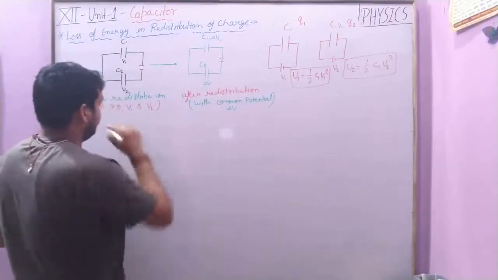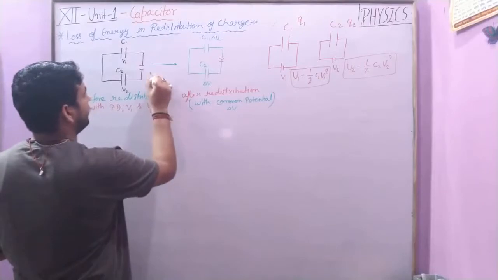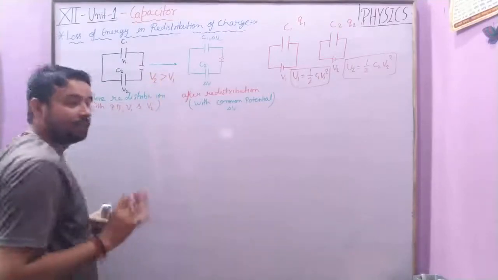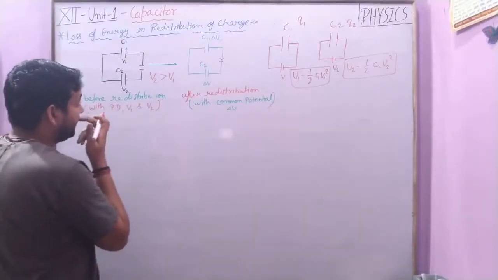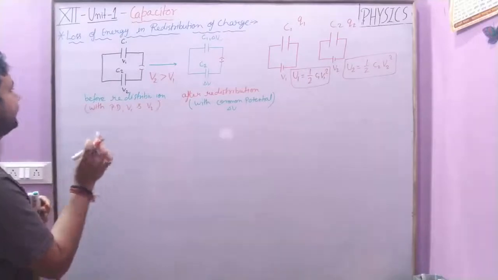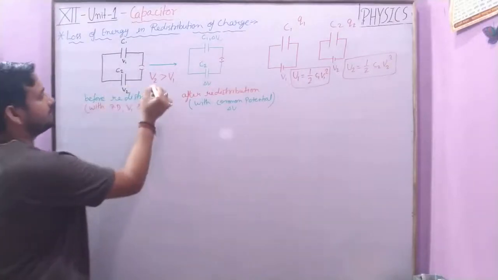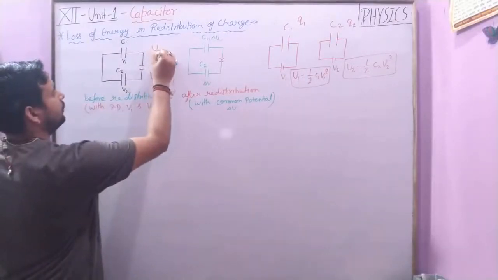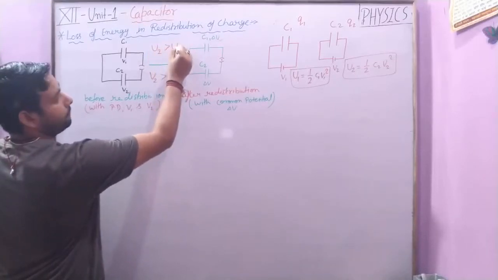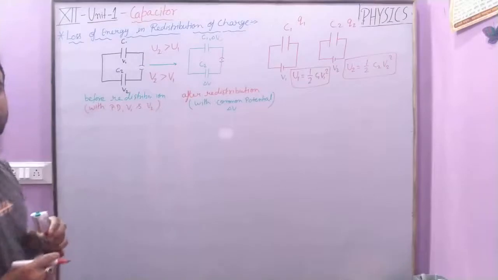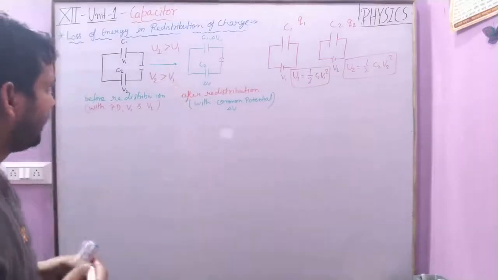Here we find that V2 is greater than V1. If we assume here V2 is greater than V1, then it is very clear that the energy across 2 is greater than 1. Okay, let me calculate it.